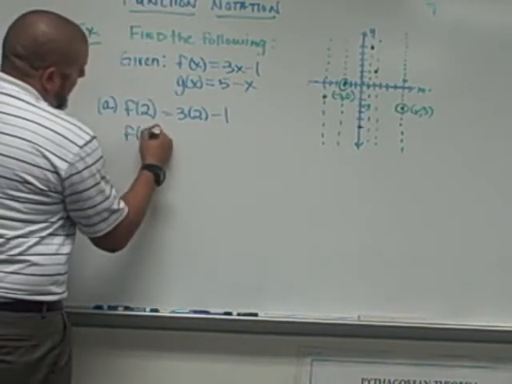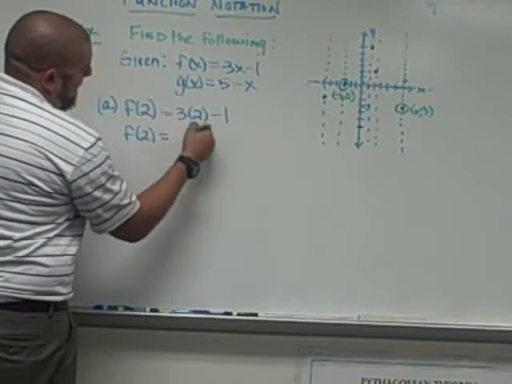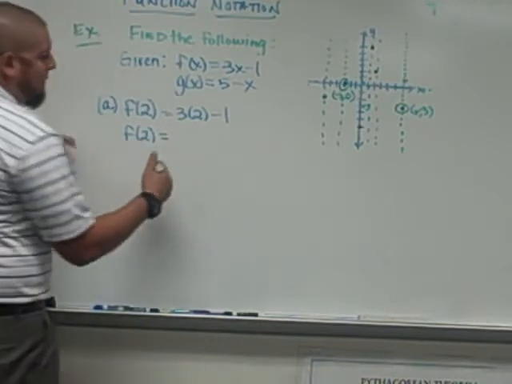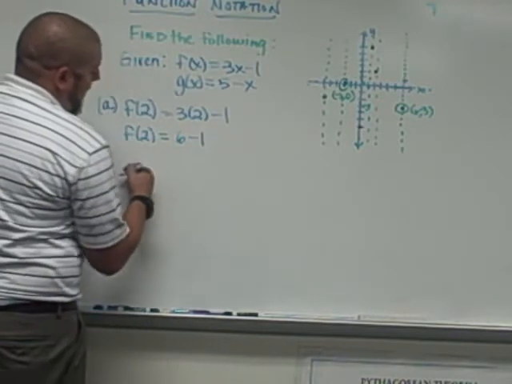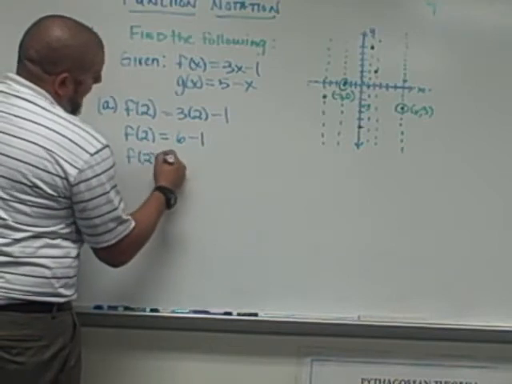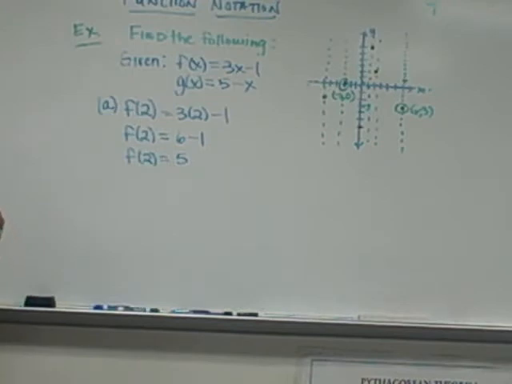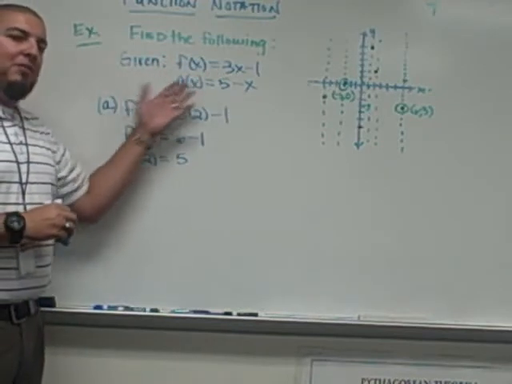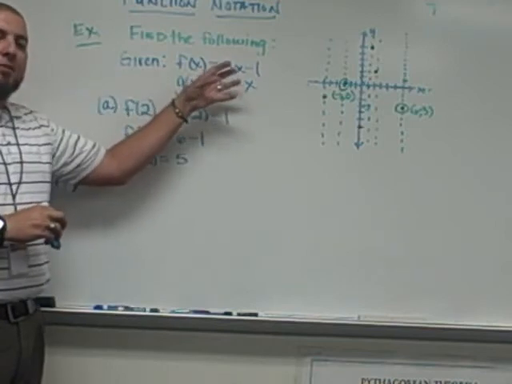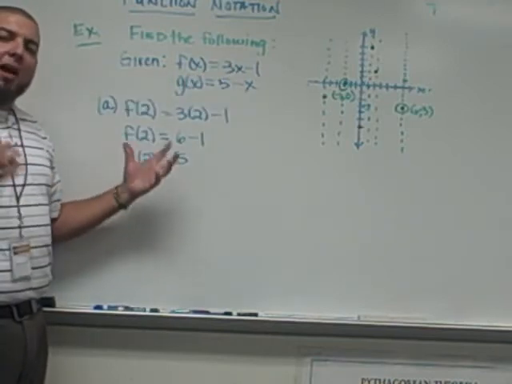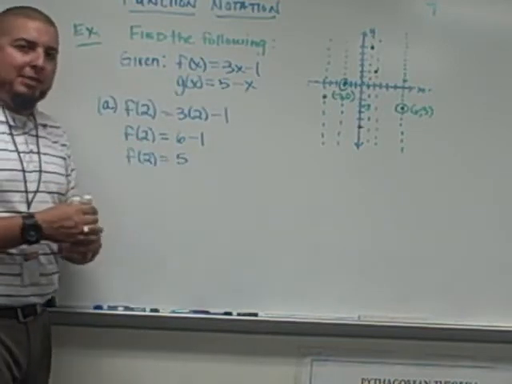So f of 2 equals 3 times 2. Again, now I'm just simplifying. 3 times 2 is 6 minus 1. F of 2 is equal to 5. Whenever I'm given the independent value, it's significantly easier than if I'm given the dependent value because I don't have to solve an equation. All I have to really do is plug it in and simplify, which makes it easier.